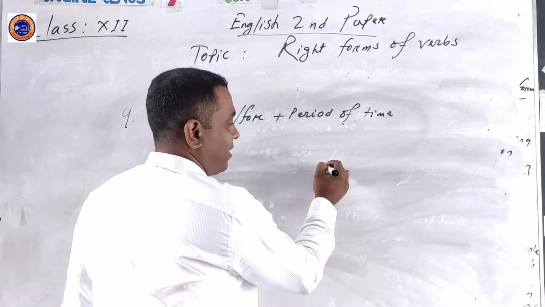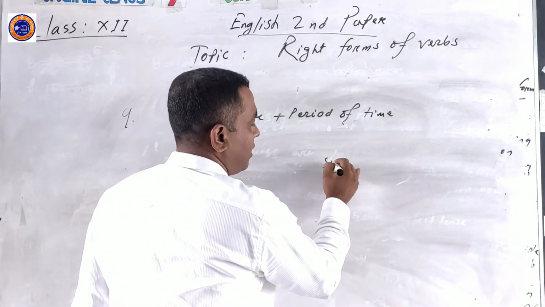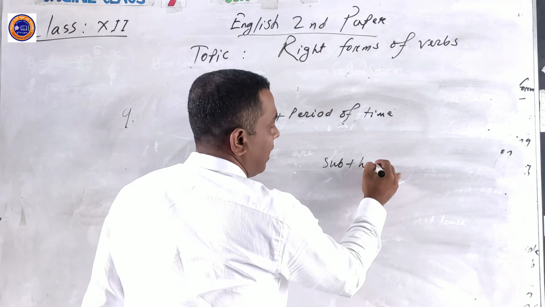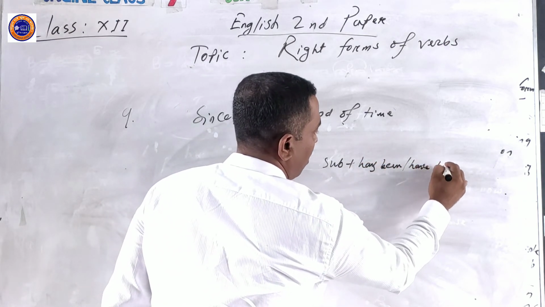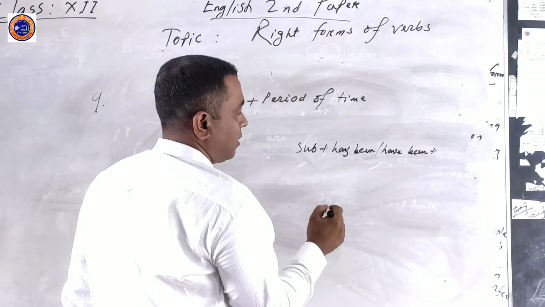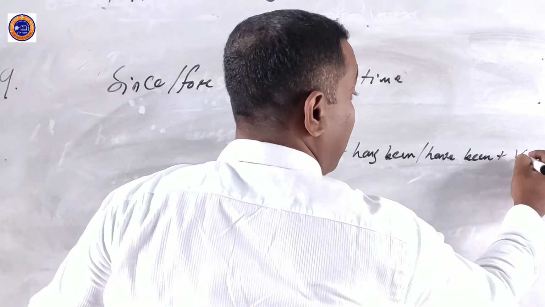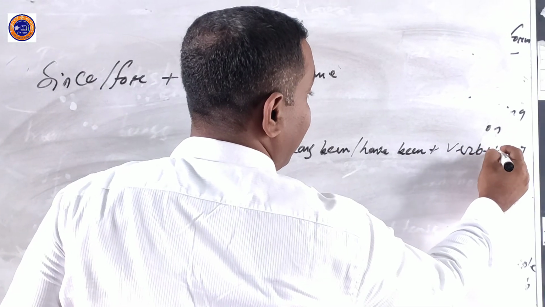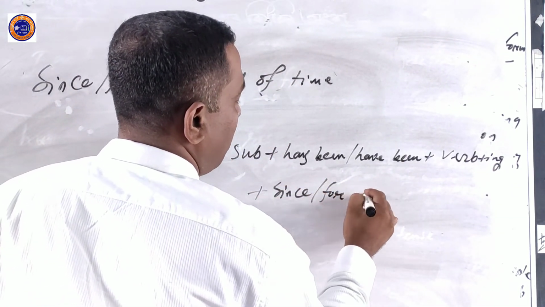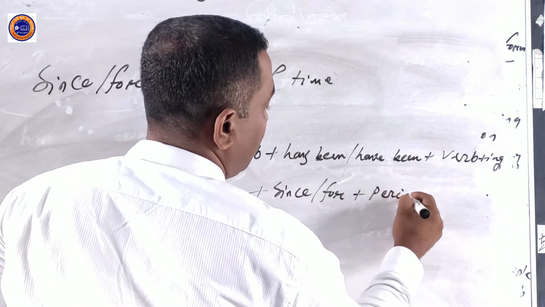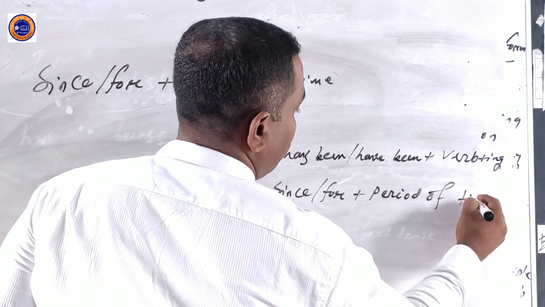And what is the structure of present perfect continuous tense? Subject plus has been or have been plus verb plus ing plus since or for plus period of time.